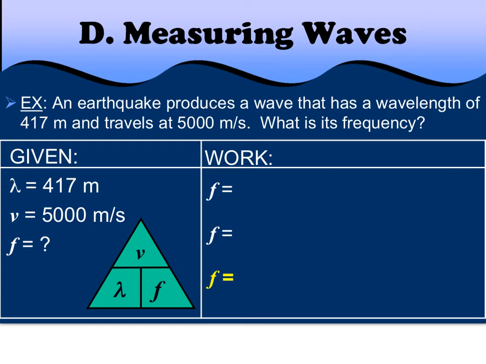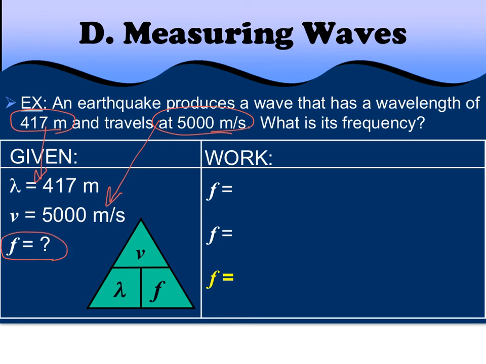So let's go ahead and finish this problem. Again, make sure you write down what you know. We know that the wavelength is 417 meters, so we write it down there. We also know its velocity: it travels at 5,000 meters per second.